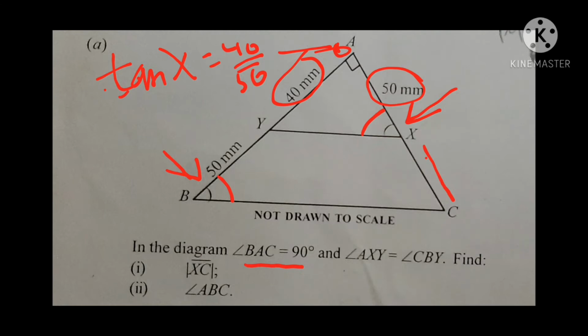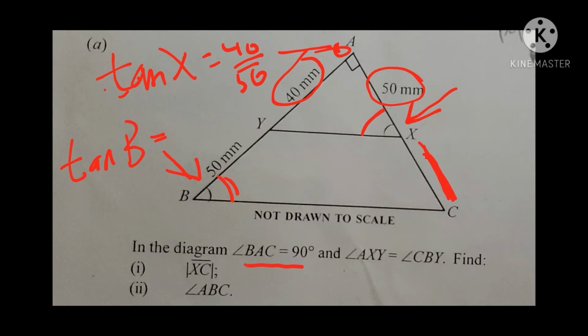Then we do the same thing for the angle below here. So the tan B will be equal to the opposite, which is 50 plus the length here, 50 plus the line XY.